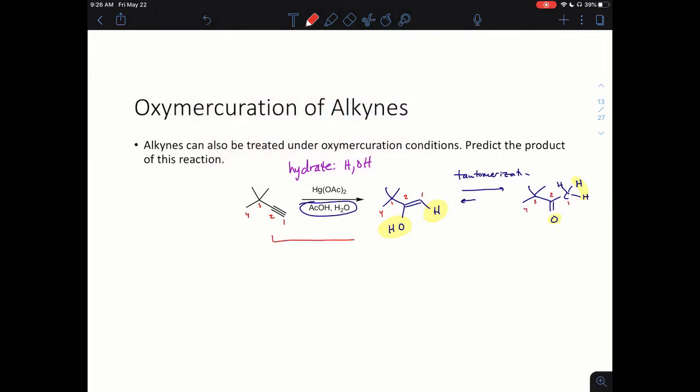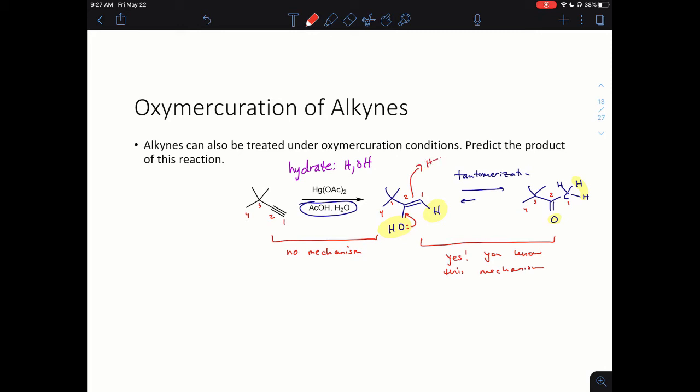I will not make you draw the mechanism for this part, so getting to the enol, but of course, you all know this mechanism for the enol keto tautomerization under acidic aqueous conditions, which you should practice right now, right? This video is not too long yet, so heck, let's do it together.